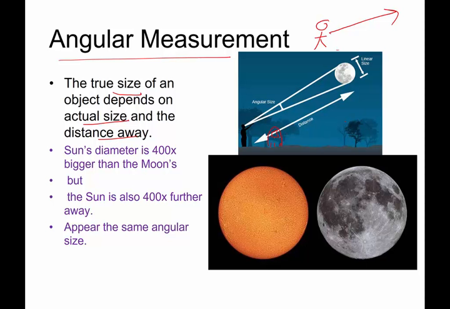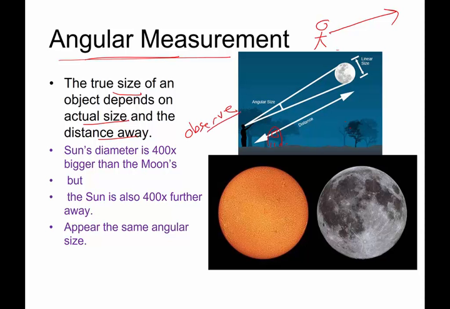And you know the mailbox is shorter than the tree, but because the mailbox is closer, it actually looks larger. Same thing happens when we look out into space. So as we measure these angle measurements, they're just having to do with what we see, what we observe.